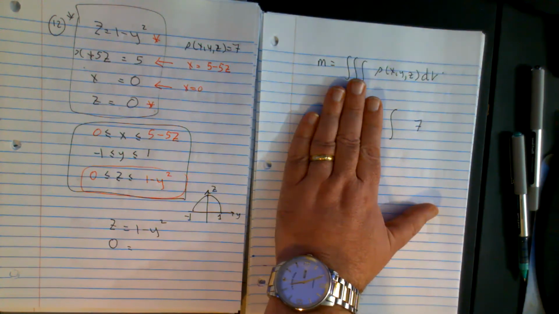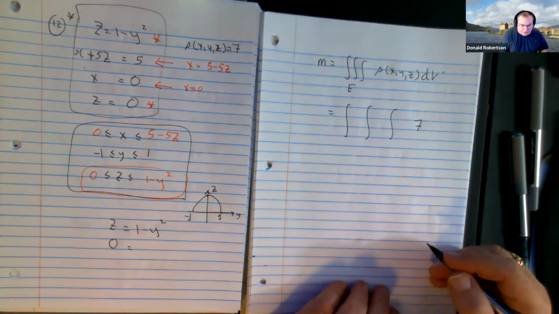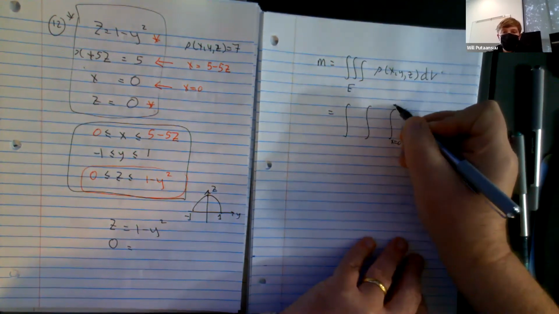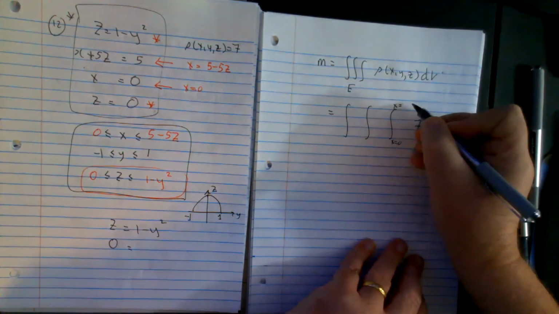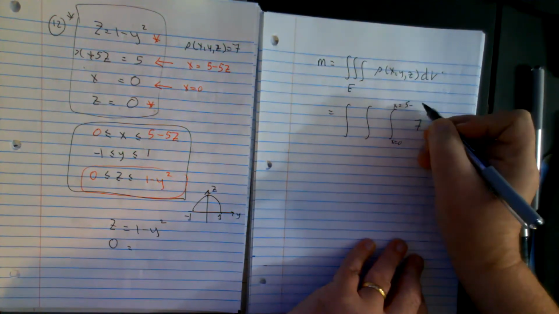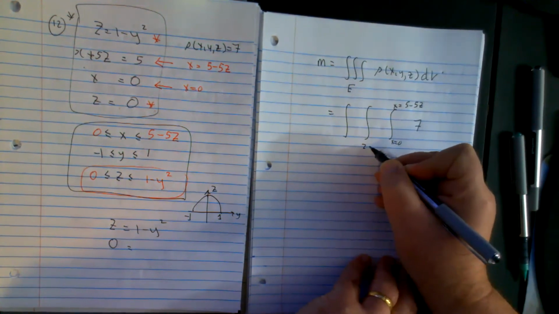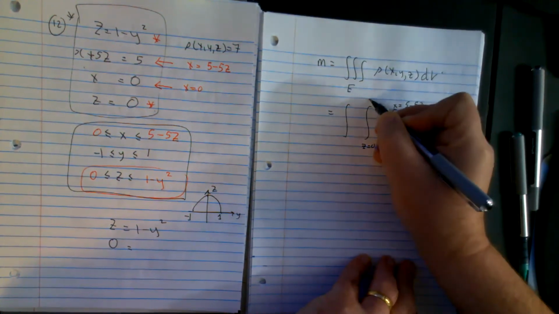What's your gut feeling? To do the X first. Okay. And the reason you want to do the X is why? Just since Z has the Y, which is the only one where both limits are numbers.